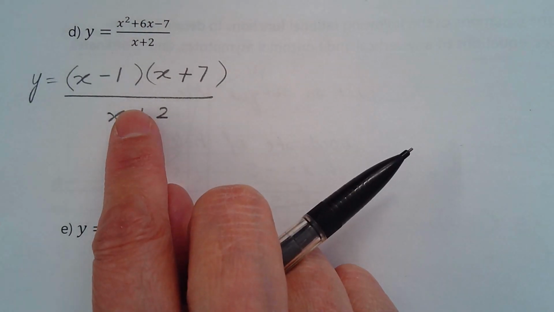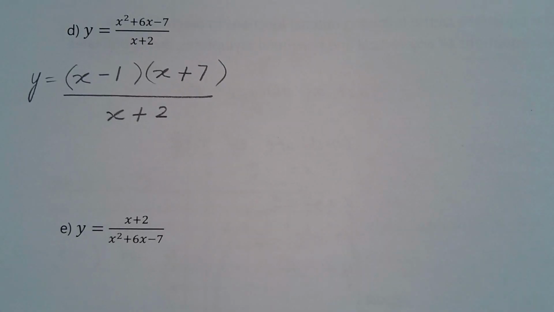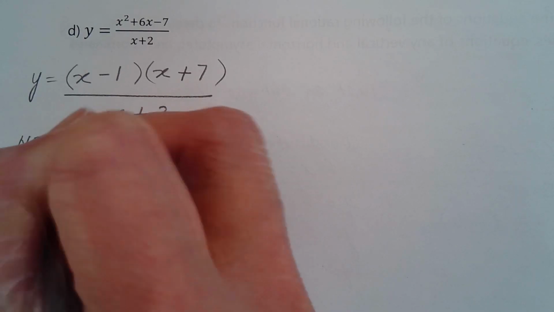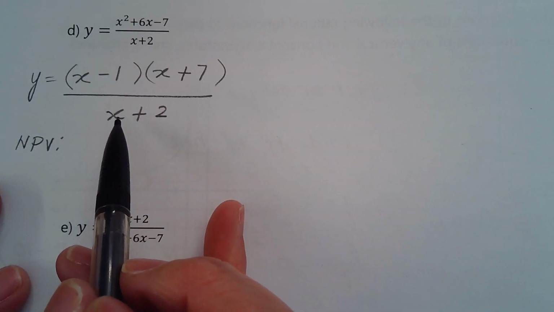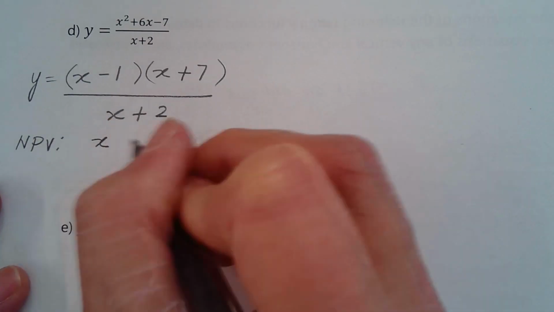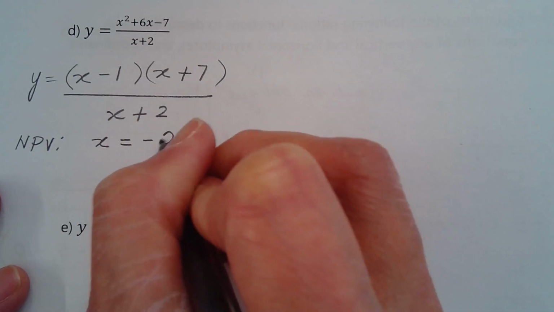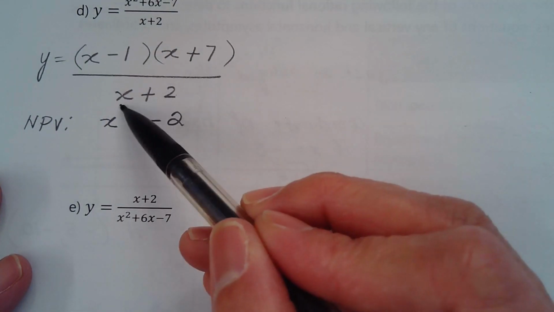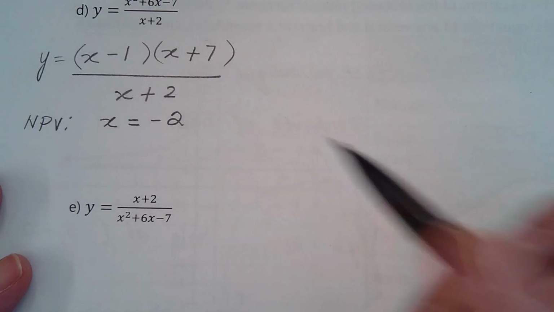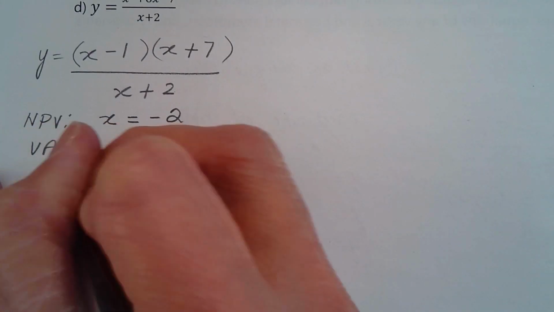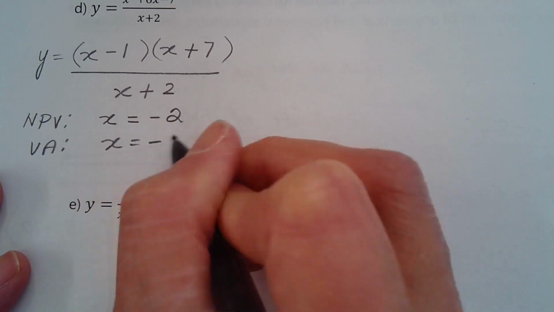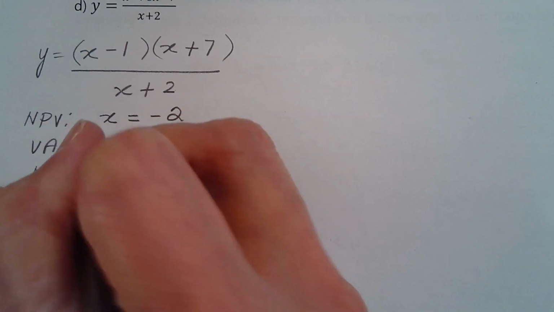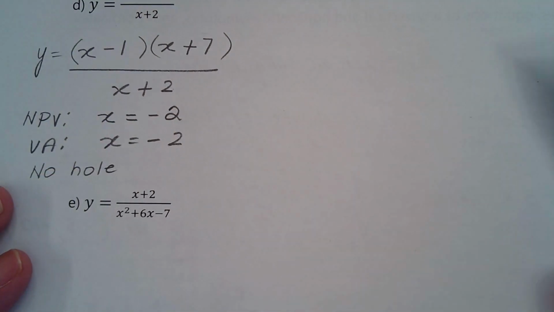If you start with the +7 and then -1 after. Okay, good. So what's a non-permissible value? Non-permissible value is -2. It makes the denominator 0, so -2. That non-permissible value doesn't cancel, so that means vertical asymptote is x equals -2. Any hole? No hole, because there's no common factor between the numerator and denominator.